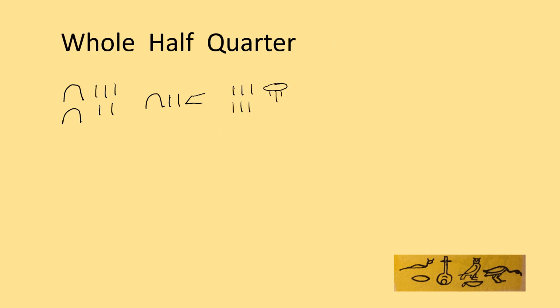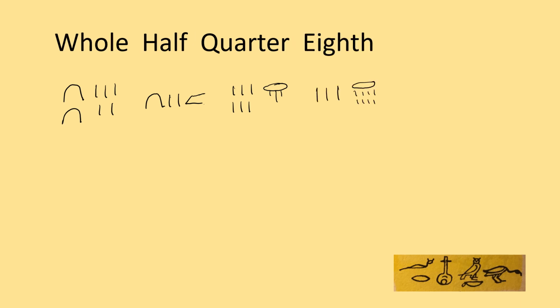So far we have the whole 25, we have half of 25, which is 12 and a half, and we have a quarter of 25, which is 6 1/4. Next is kind of straightforward, because we take half of 6, which gives us 3, and half of a quarter gives us 1/8.